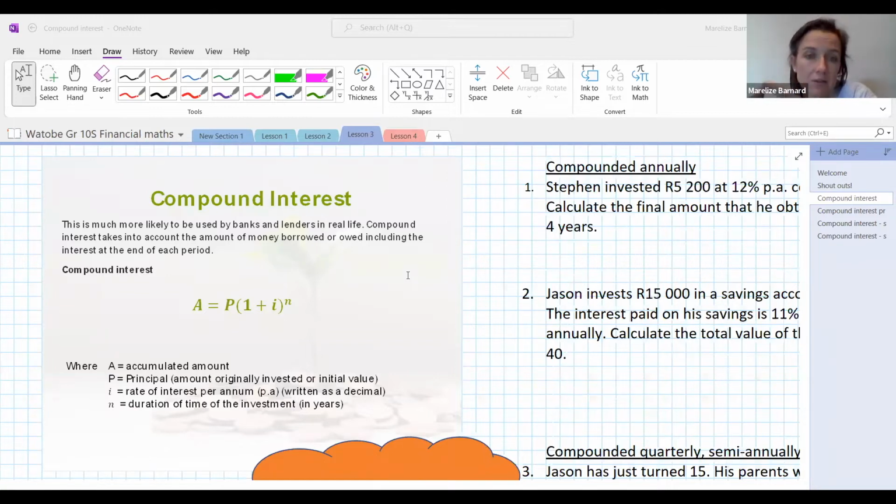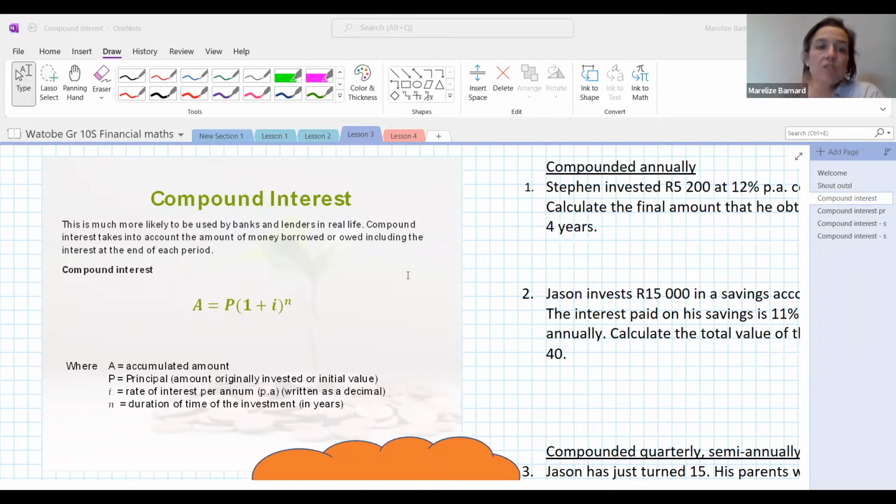Compound means the interest gets added on the interest from the previous time period. So your money ends up growing exponentially as compared to simple interest, where you just get interest calculated on the original amount and not on the total amount as the interest grows and as you keep adding to it.